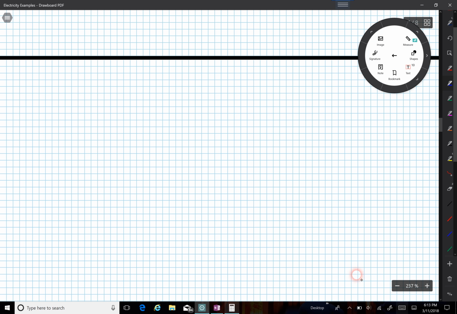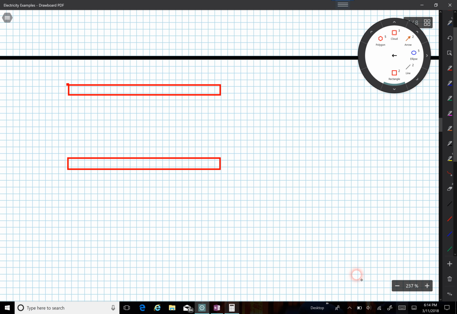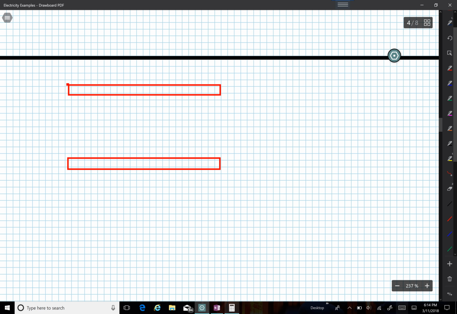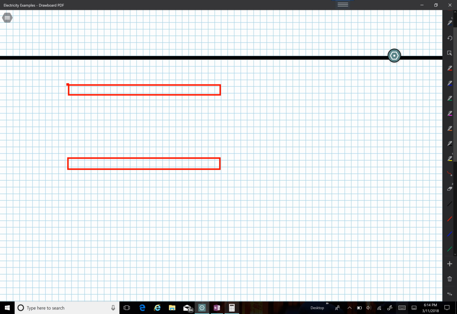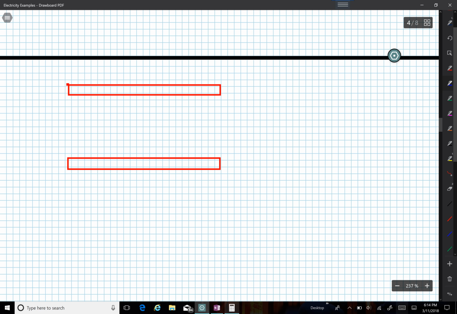So we got the same setup here. 0.01 meters. It's the same capacitor.